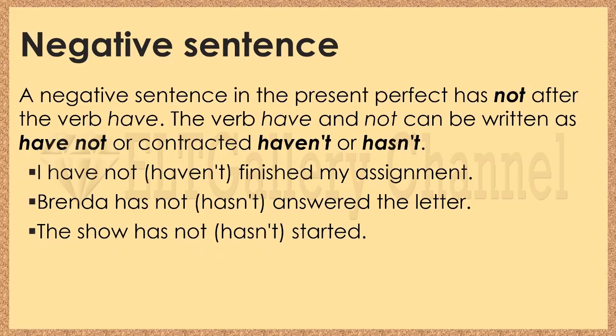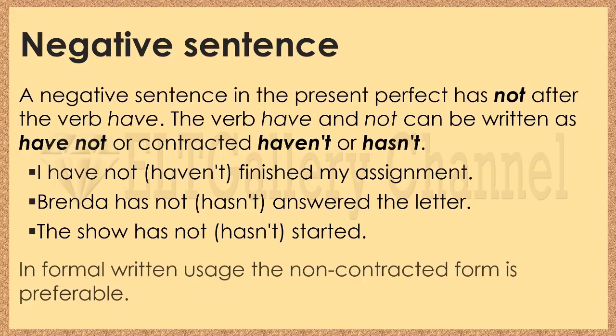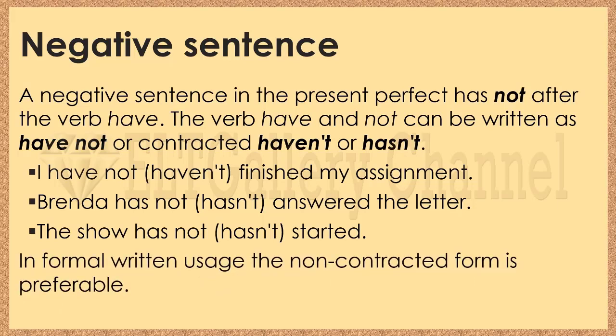Here has not, and we can also say the show hasn't started. In formal written usage, however, the non-contracted form is preferable. So if we write, it's better if we write with have not or has not rather than the contracted haven't and hasn't.